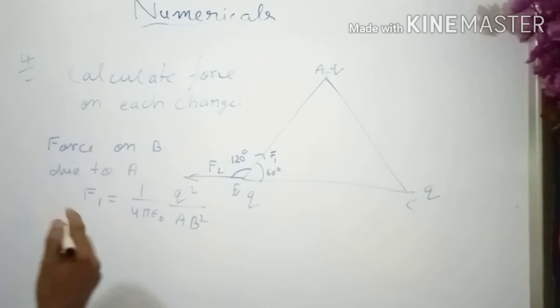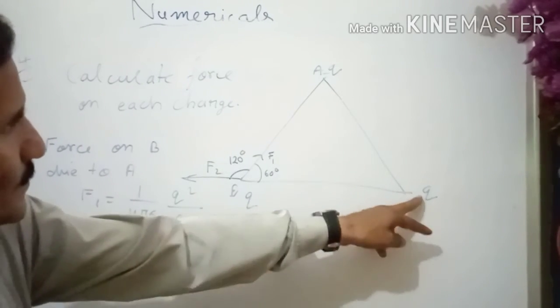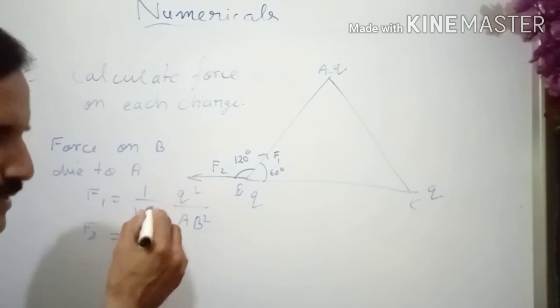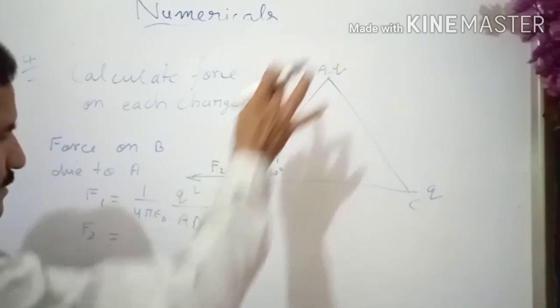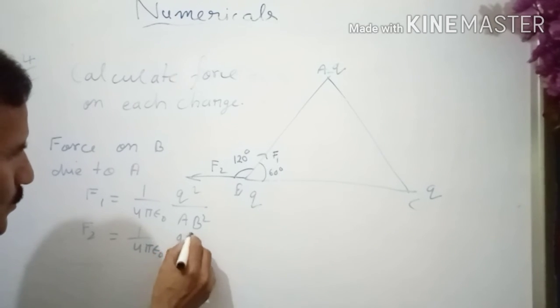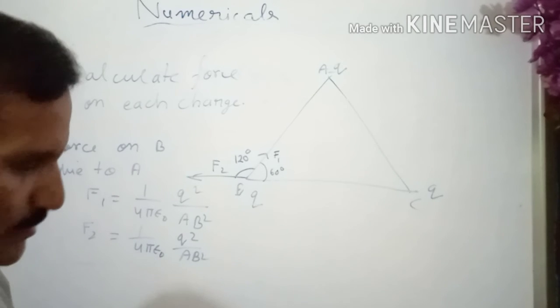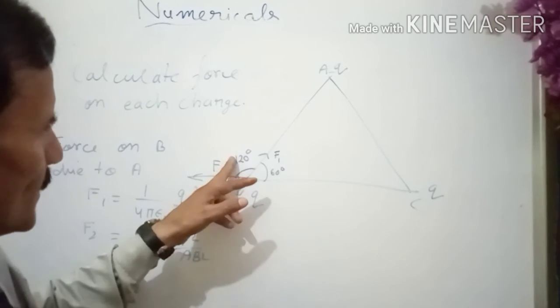So, and what is F2? F2 is also same. Only there is direction of plus minus means this and this. So they both have magnitude same. Because here we are taking only magnitudes, so magnitudes are same, but angle is this.